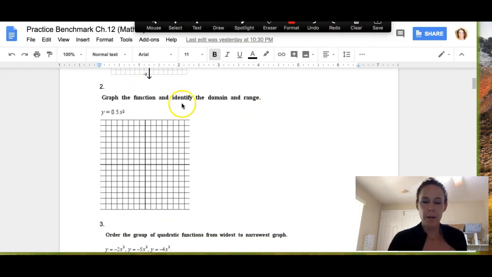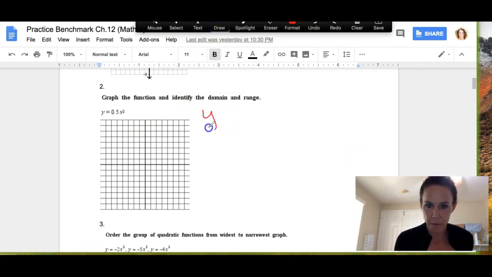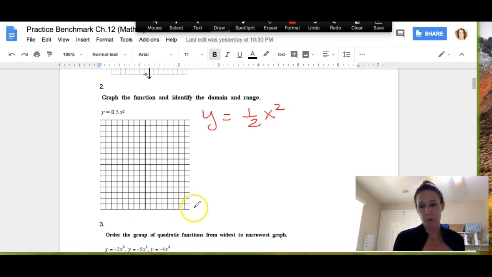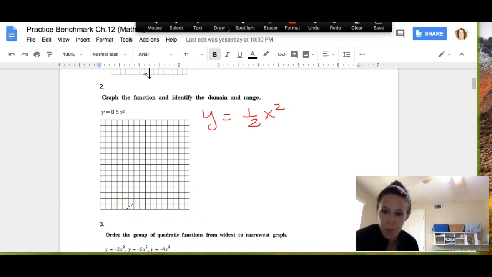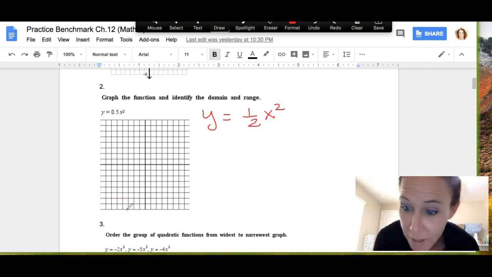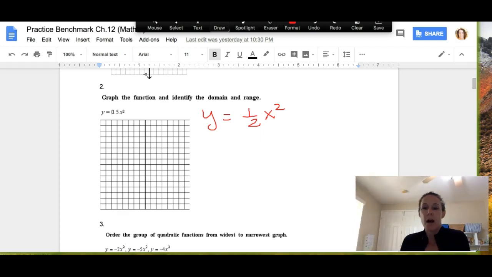All right, graph this function and identify the domain and range. y = 0.5x², or 1/2 x² if you prefer to use fraction form. When we're graphing, you can use Desmos or a calculator to check yourself.